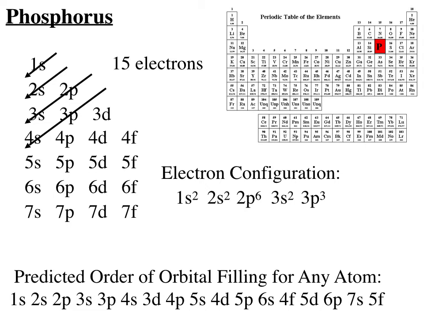That's not enough, so I need to put another arrow, and I follow along that arrow, and it goes through 3p. But if I filled the 3p up entirely, that would be argon. I only want to fill that 3p up until I reach the maximum of 15 electrons that are required for phosphorus, and that would be 3p3.